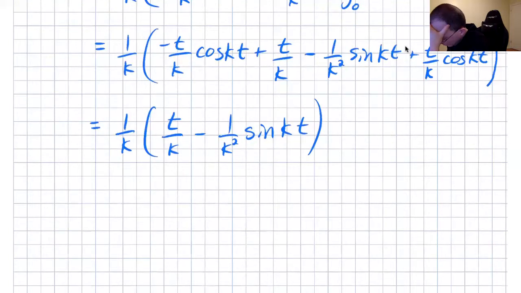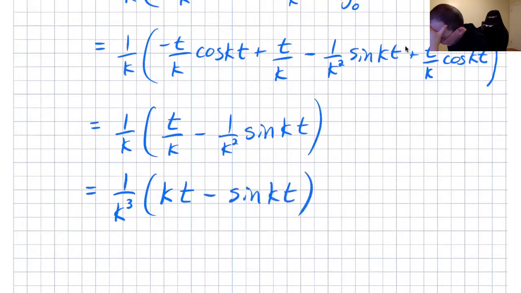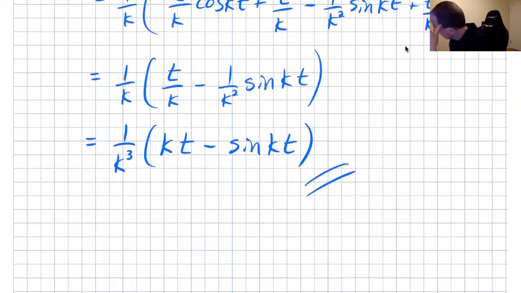And why don't we, let's see, pull out a 1 over k squared. So we'll get 1 over k cubed, and then this will be k times t minus sine k t.